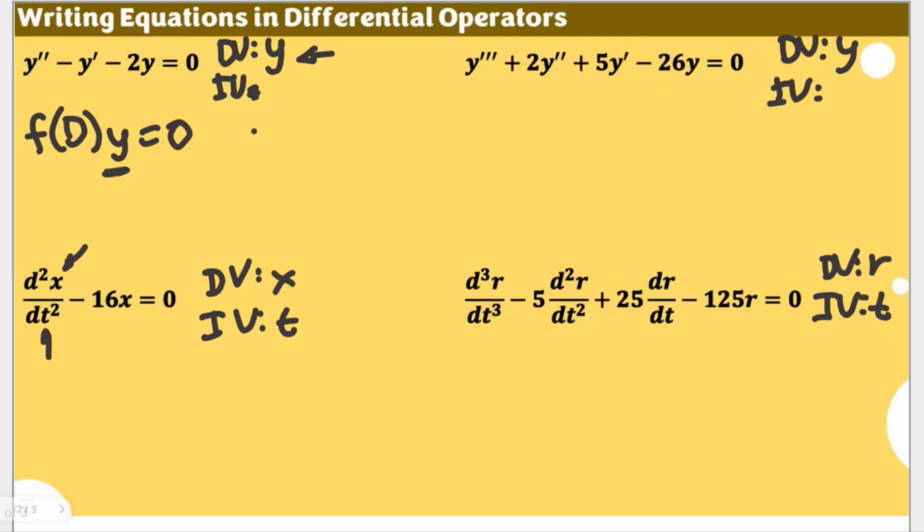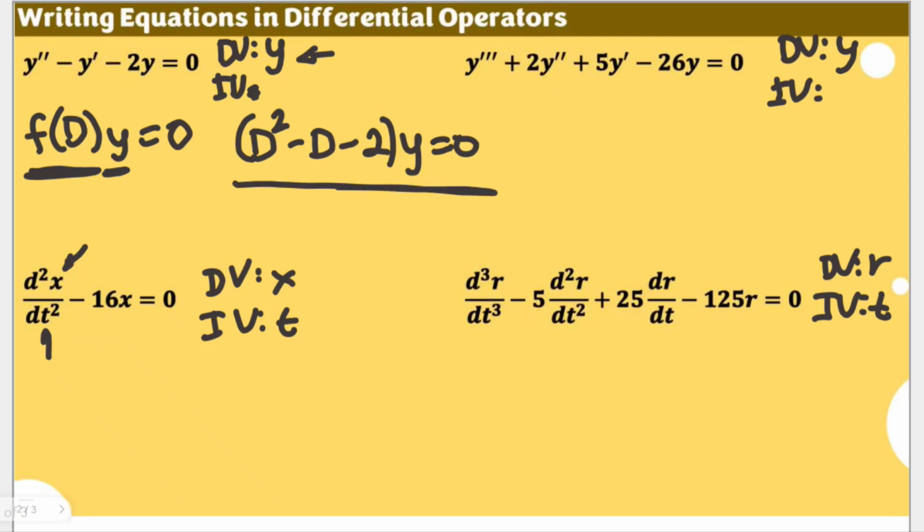You use a simple substitution of D for the order of derivative, but since it's second order, we have D squared, then minus D, and then minus 2. Since they're all under this expression, f of D, simply multiply it with y and equate it to 0. This is now your equation in differential operator.